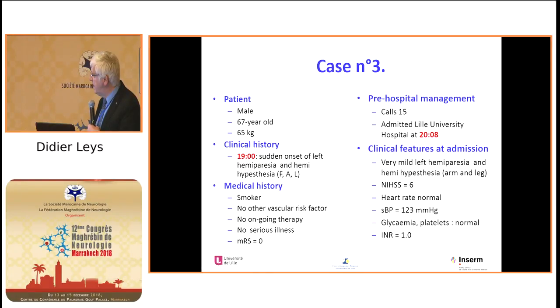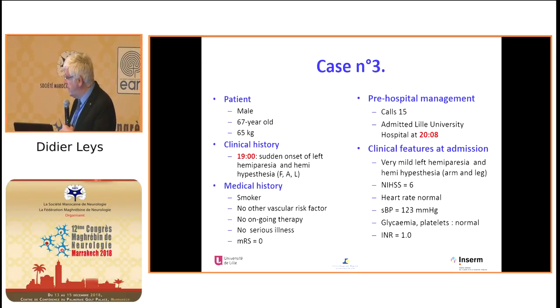5 kilograms. At 7 o'clock, he had sudden onset of left hemiparesis, left hemihypoesthesia, involving face, arm, and leg. He was completely independent, with a Rankin scale, evaluated a posteriori of course, of 0.